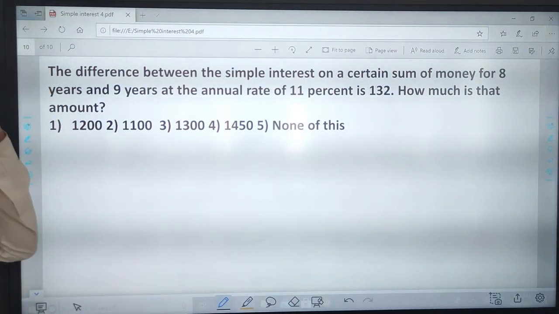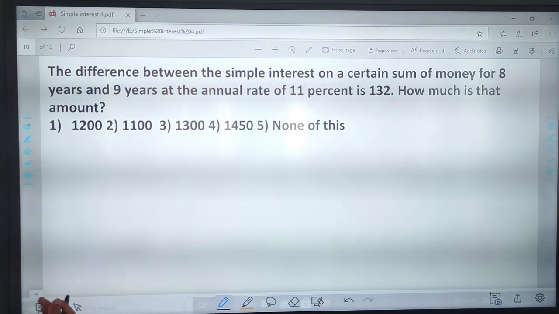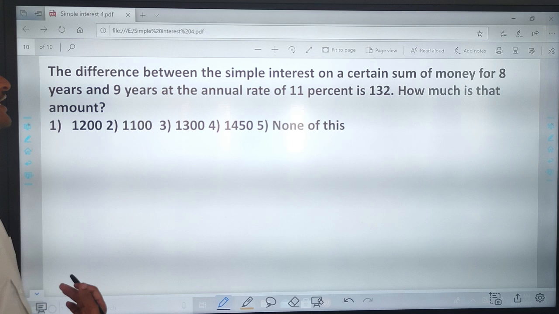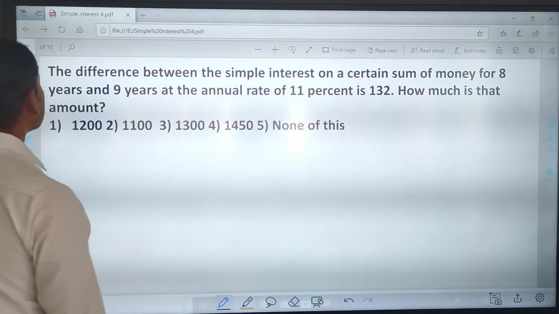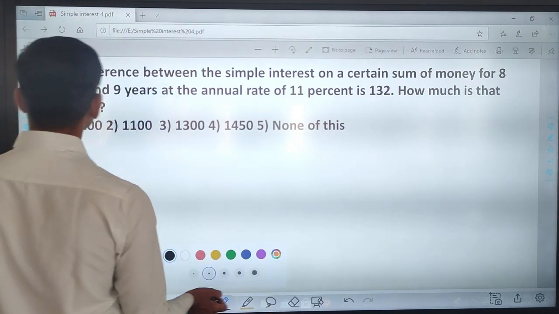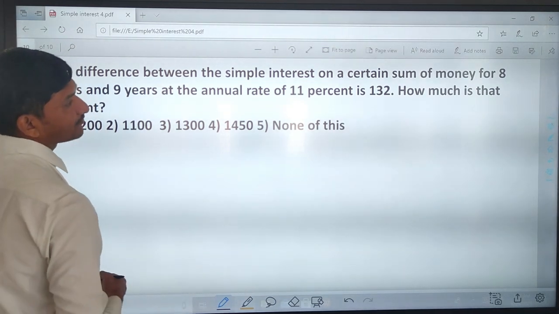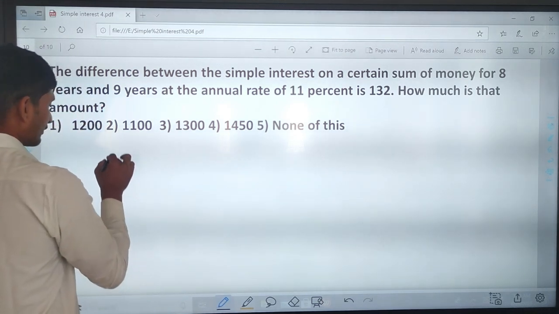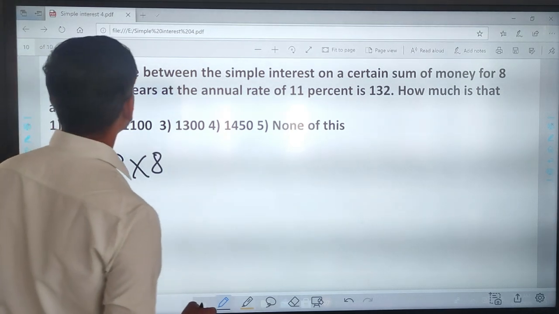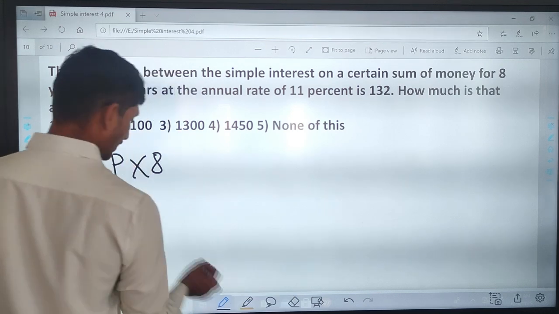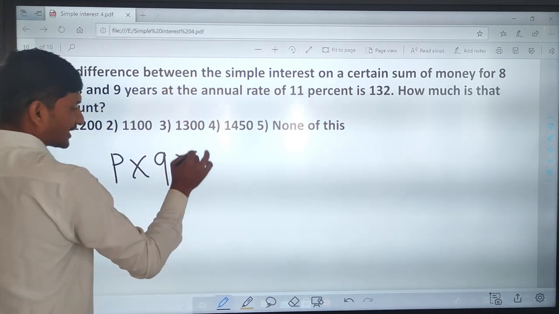The difference between the simple interest on a certain sum of money for 8 years and 9 years at an annual rate of 11% is 132. How much is that sum? Here we find the value of the sum. The principal is P for 9 years minus P for 8 years at 11%.